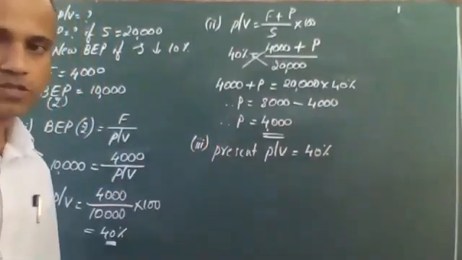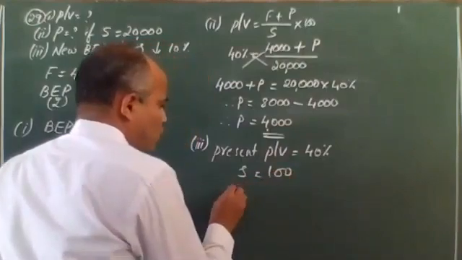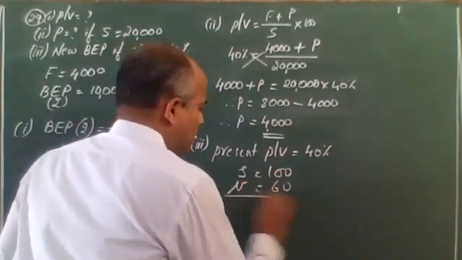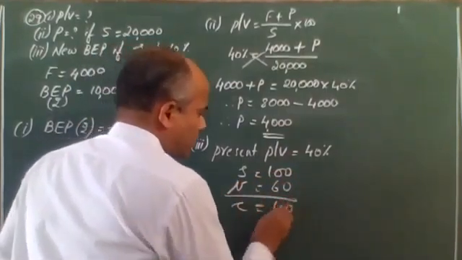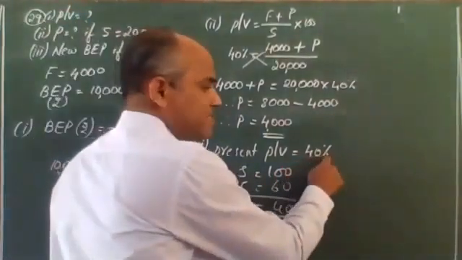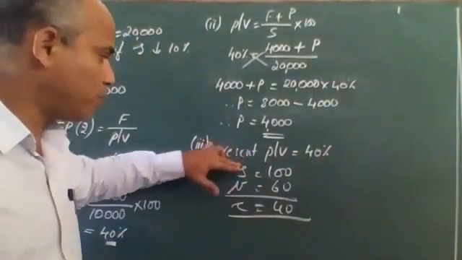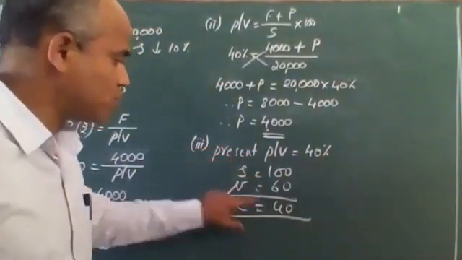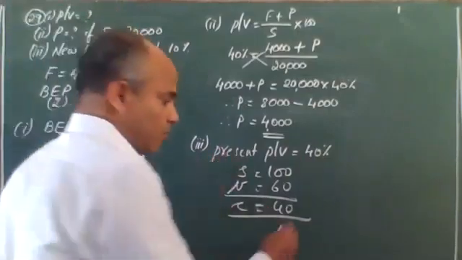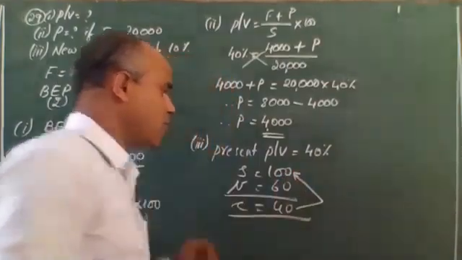What do you mean by this? It means if selling price is 100, variable cost is 60, that's how you get contribution of 40. Sir, how did you say this? 40%. Per cent means per 100. So for every 100 rupees you sell, you get a contribution of 40.